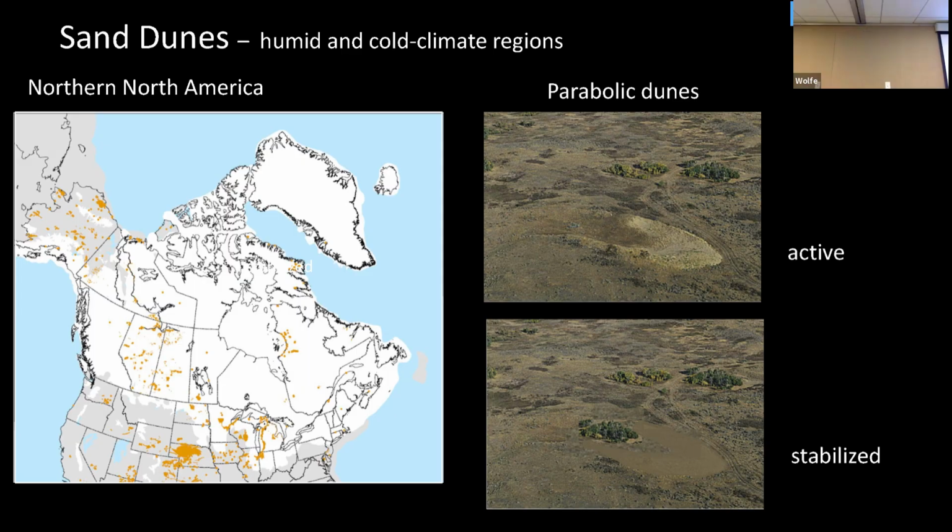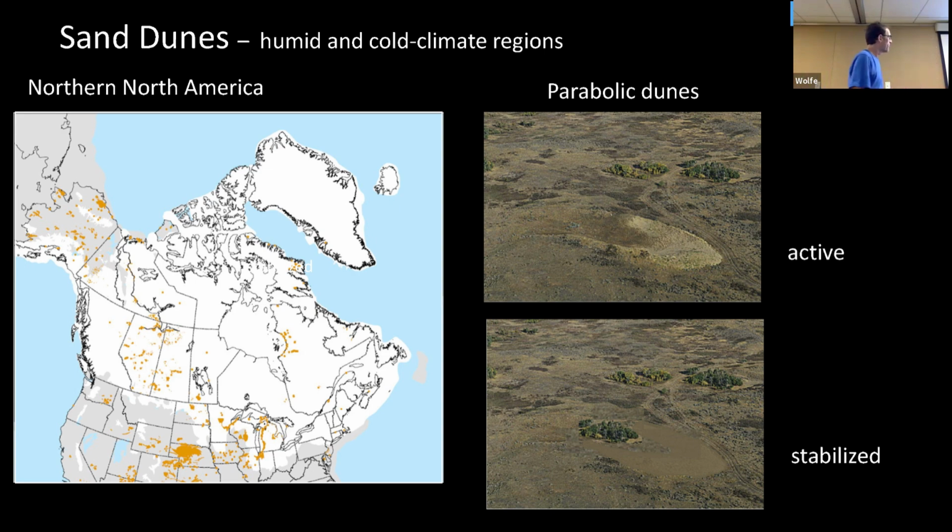So you can tell the direction of the wind by that particular dune. It can get a little more complicated, but very few people recognize that complication. For all intents and purposes, it's the parabolic dune that represents those cold climates.